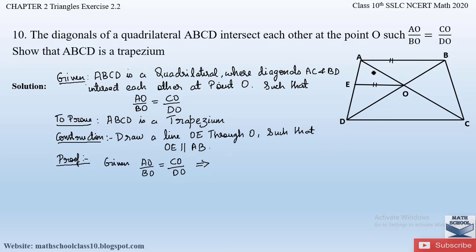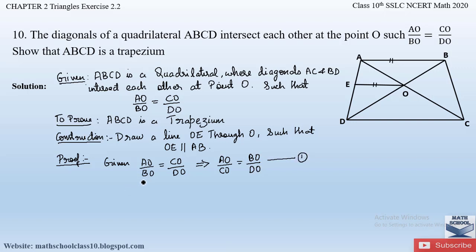That is, AO by OC is equal to OB by OD. Cross multiplying, we get AO by CO is equal to BO divided by DO. Name this as equation number 1.